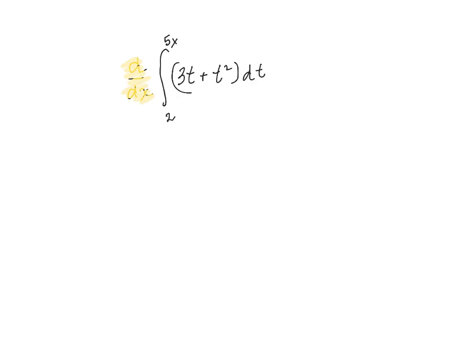But if we leave this as taking the derivative with respect to x, FTC number 2 tells us that we can just take our function in terms of x, place it wherever there's a t, and then remember to take the derivative of that function in terms of x and multiply, like the chain rule.